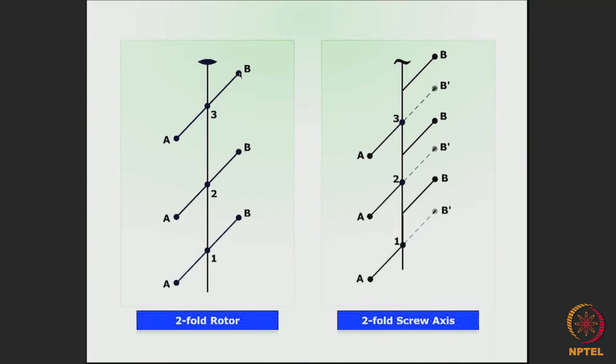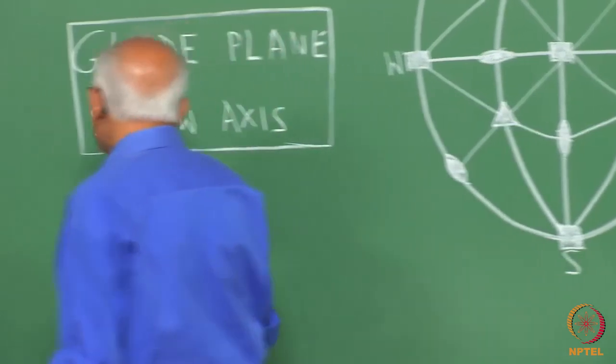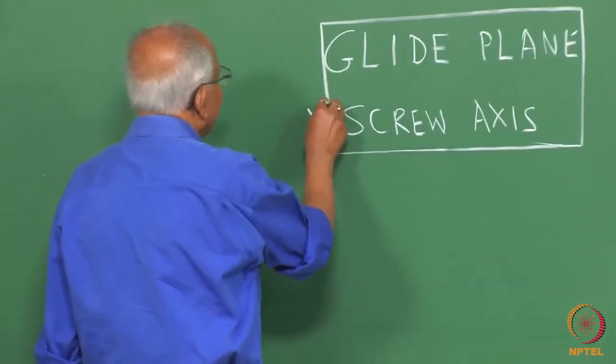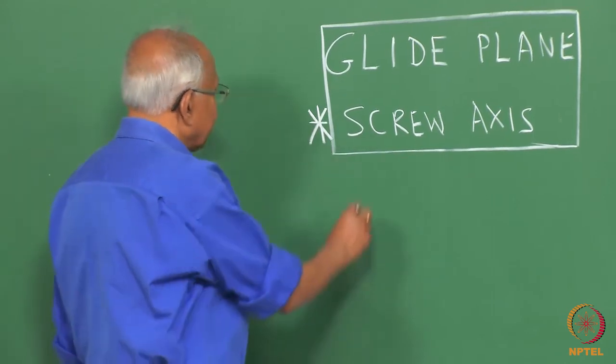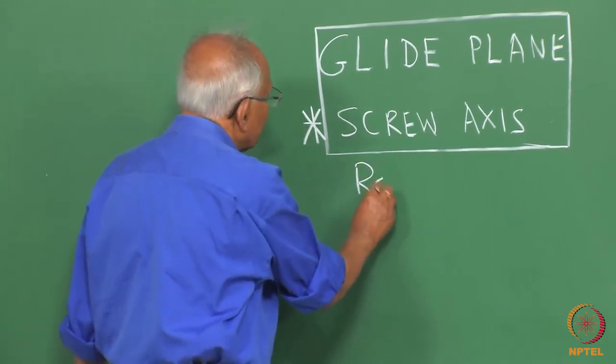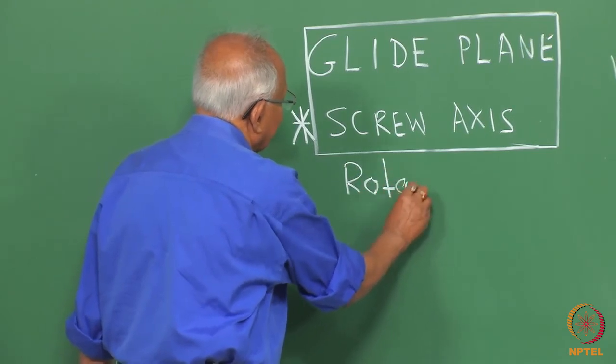Now, when we talk about a screw axis, it has two functions to play. That means two operations take place simultaneously.